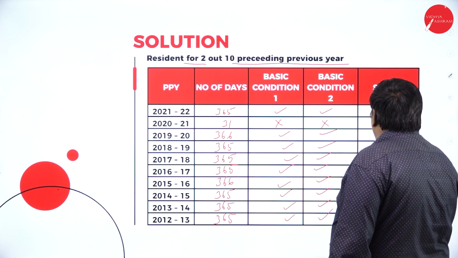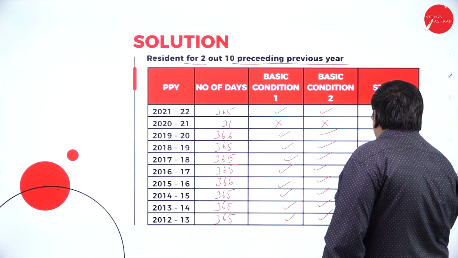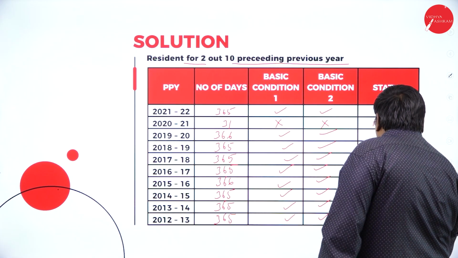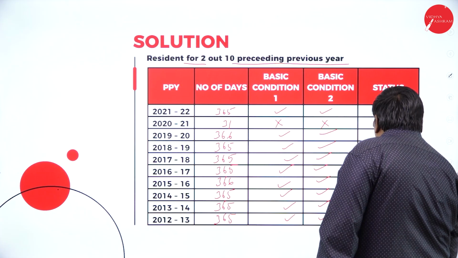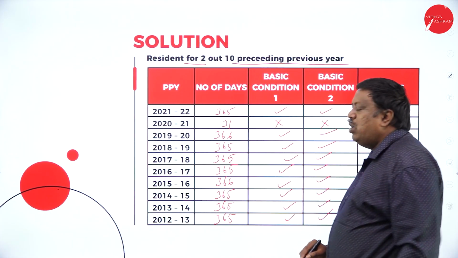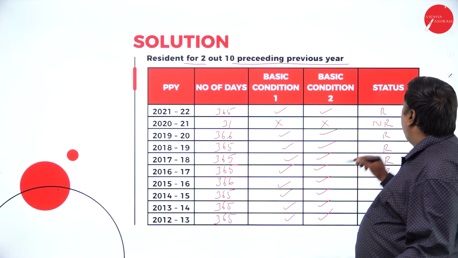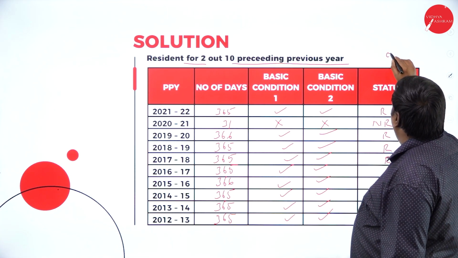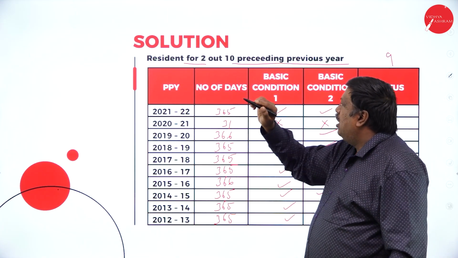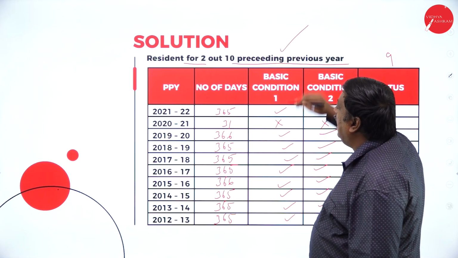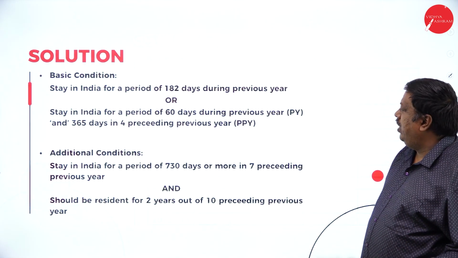My status will be resident, resident, resident, resident, resident, resident, resident, and resident. So out of the 10 preceding previous years, my residential status is resident for 9 years. What should it be? 2 years. So I've satisfied my second additional condition also.